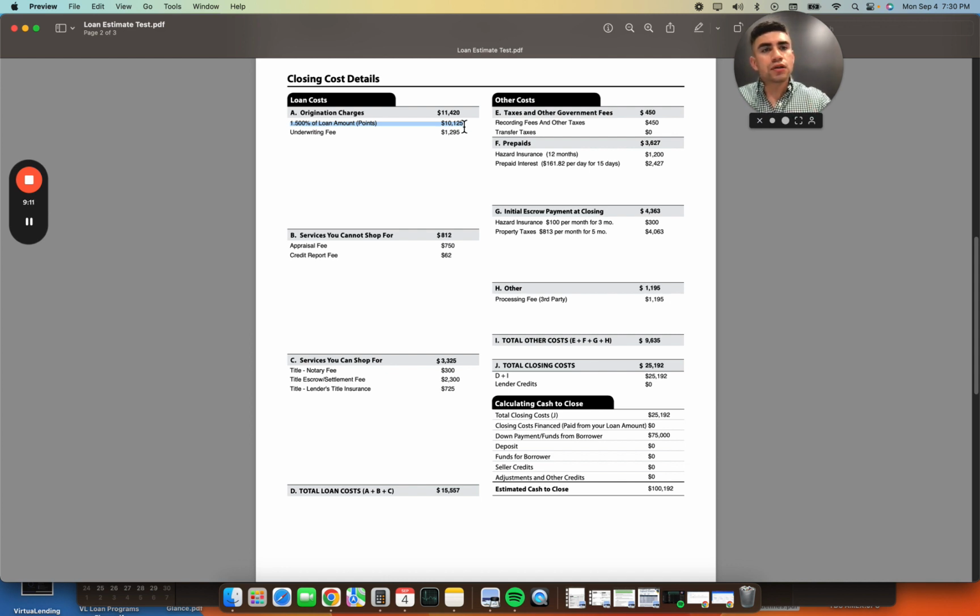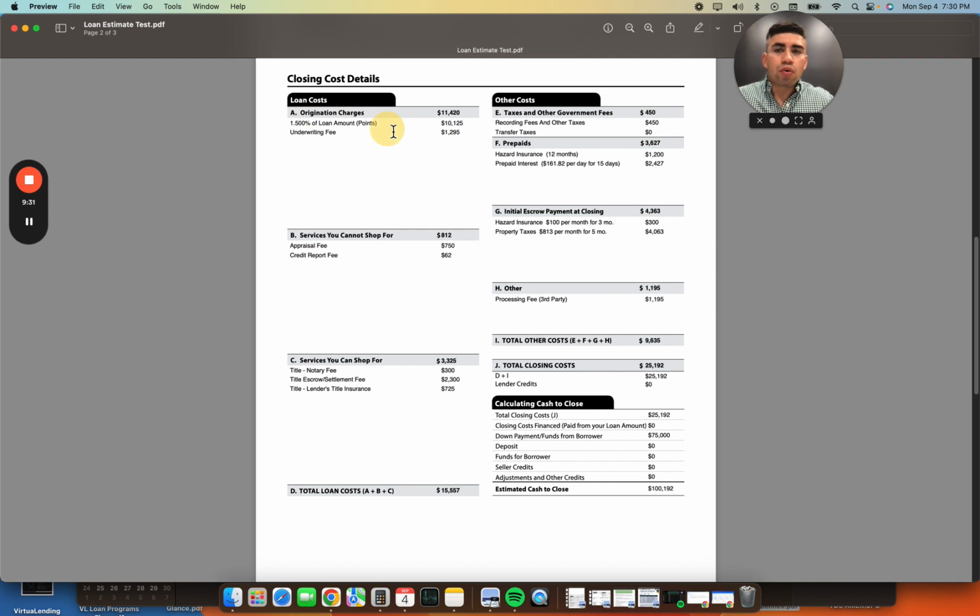For originating a loan. Now, on the other hand, with a non-QM loan, there's just simply not enough margin for the lender and for the broker to make enough money on the loan, so we have to charge up front for our commission in the form of points.